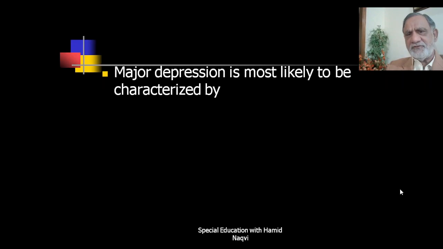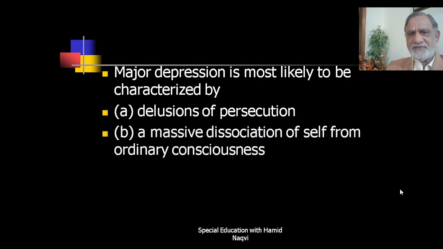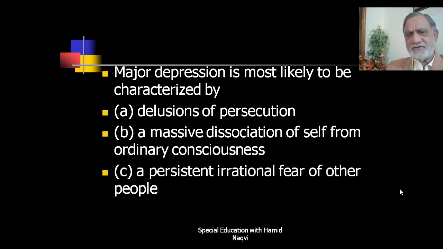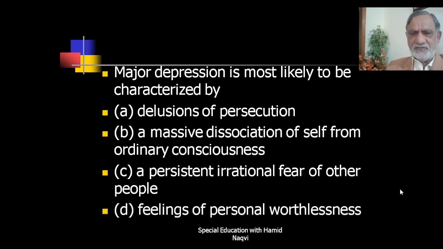Major depression is most likely to be characterized by delusions of persecution, a massive dissociation of self from ordinary consciousness, a persistent irrational fear of other people, or feelings of personal worthlessness. The correct one is the last one, that is feelings of personal worthlessness.